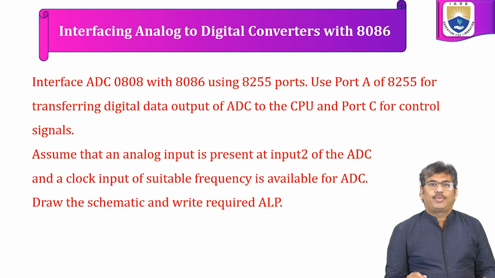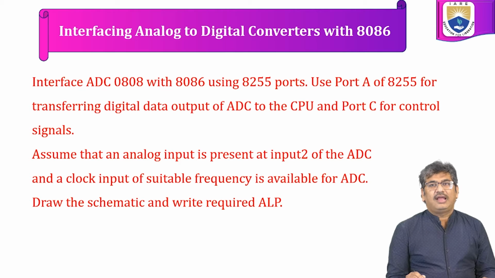Now we'll take a problem for interfacing ADC 0808 with 8086. The problem statement is: interface ADC 0808 with 8086 using 8255 ports. Use port A of 8255 for transferring the digital data output of the ADC to the CPU, and port C for control signals like SOC and EOC.